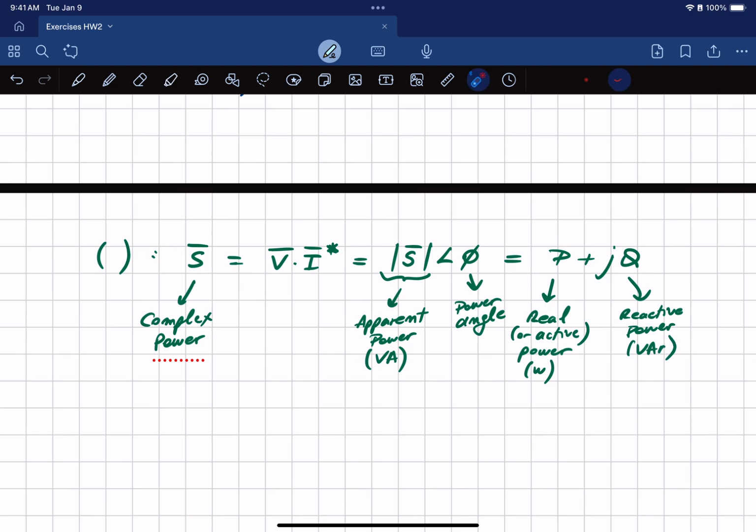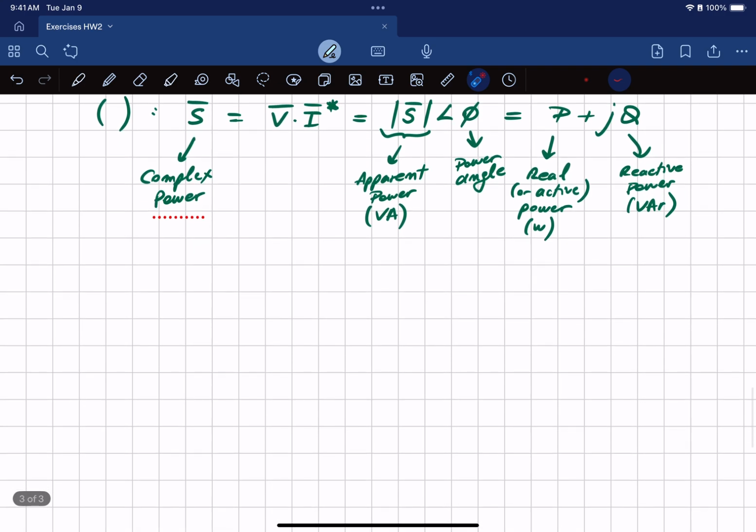And of course there are multiples of these. For example, when we talk about apparent power for high voltage stuff, big transformers and substations, we refer to kVAs or MVAs. For transmission lines, when you're looking at the transmitted power, you're going to be referring to kilowatts or even bigger, megawatts.